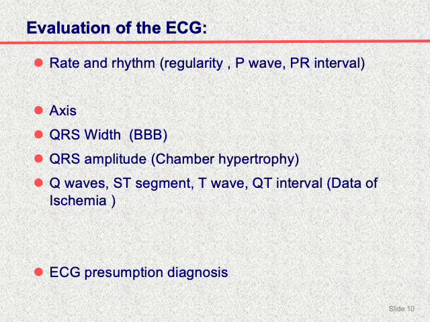This is a very simplified way so that we have a complete report without forgetting anything. First thing, rate and rhythm; second thing, ABCD: axis, QRS width, amplitude, and Q wave, ST segment, T wave, and QT interval, which is data of ischemia and other etiologies.